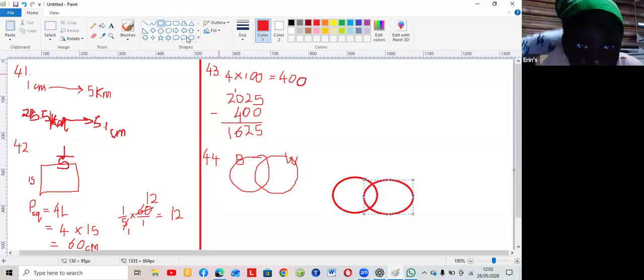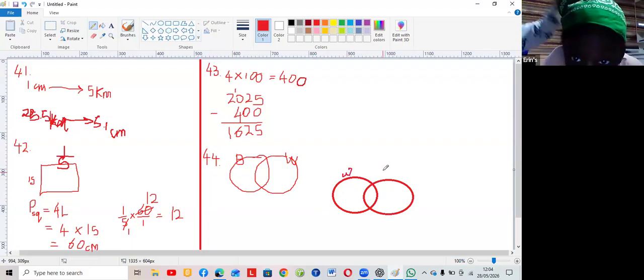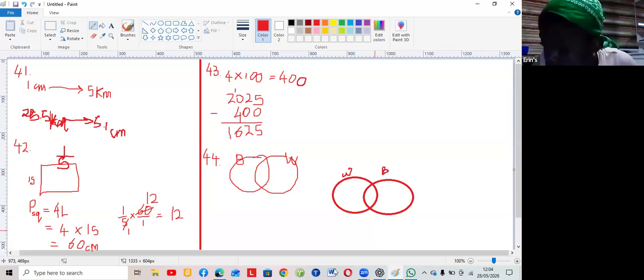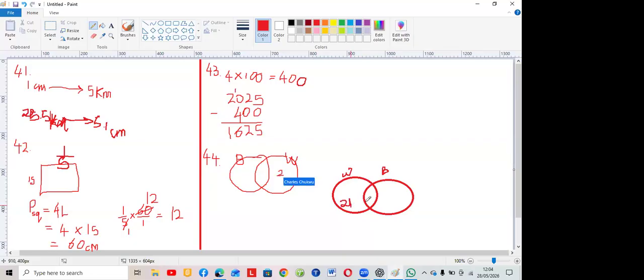The white side that is on your left hand, that is Euro B. It's supposed to be W, that is 21. And where you wrote W is 10. Let's just put it as it is. Don't worry. You understand? It's still the same thing.